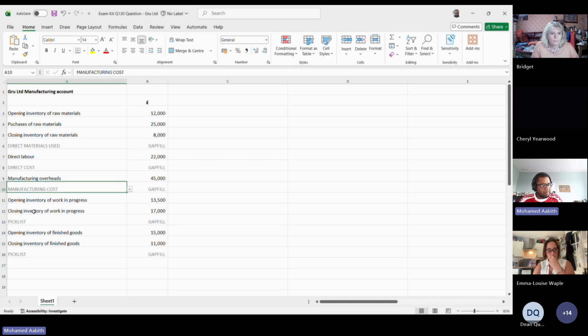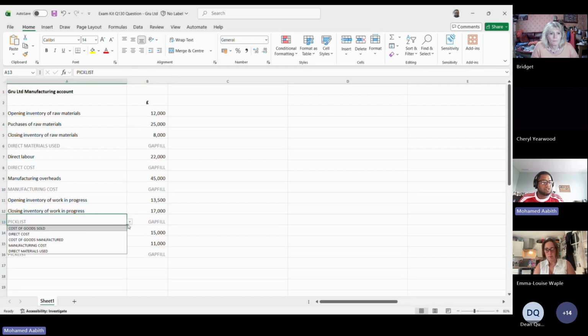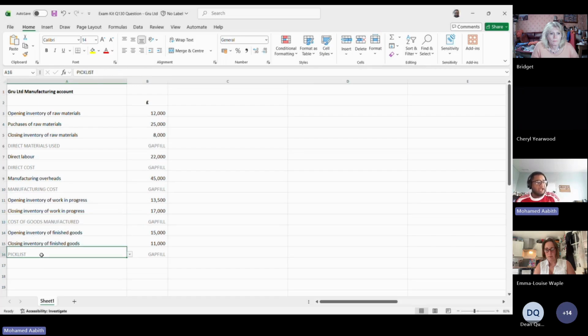So once you got that manufacturing cost, you will work on reconciling the work in progress. In this scenario, the work in progress opening inventory gets added, take away the closing inventory of work in progress, we'll get cost of goods manufactured. So here, that is the number we have. And finally, we reconcile the closing inventory and the opening inventory of your finished goods.